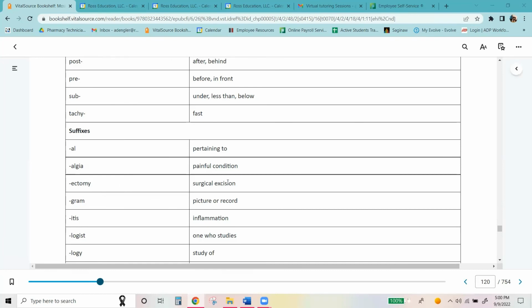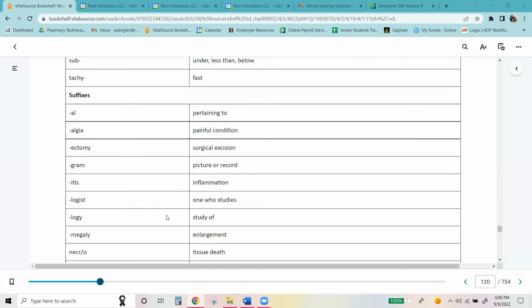Ectomy at the end is a surgical removal of something, so vasectomy, for example. We talked about itis, how if that's at the end of something, it means inflammation of whatever body part.